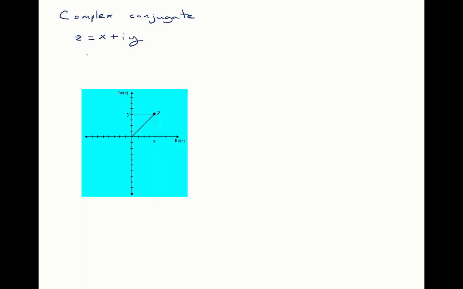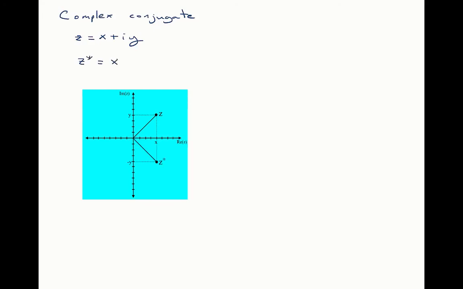Okay, the last thing we need to talk about is the complex conjugate, which is pretty straightforward. So, in general, we have in rectangular form some complex number. Its complex conjugate, which we just write z star, is x minus iy. Easy peasy.